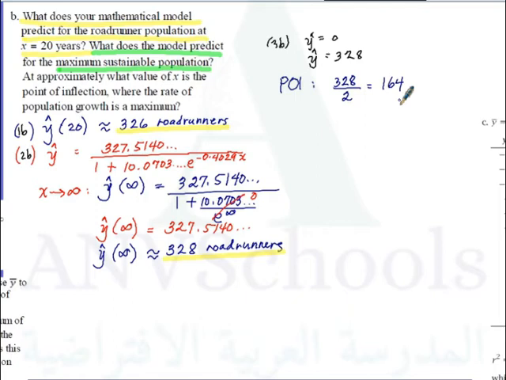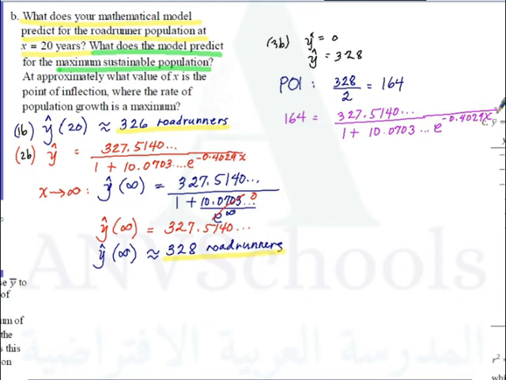So at y equals 164, we are going to use the equation of the logistic regression. So 164 equals y hat, which is 327.5140 over 1 plus 10.0703 e raised to negative 0.4029x.